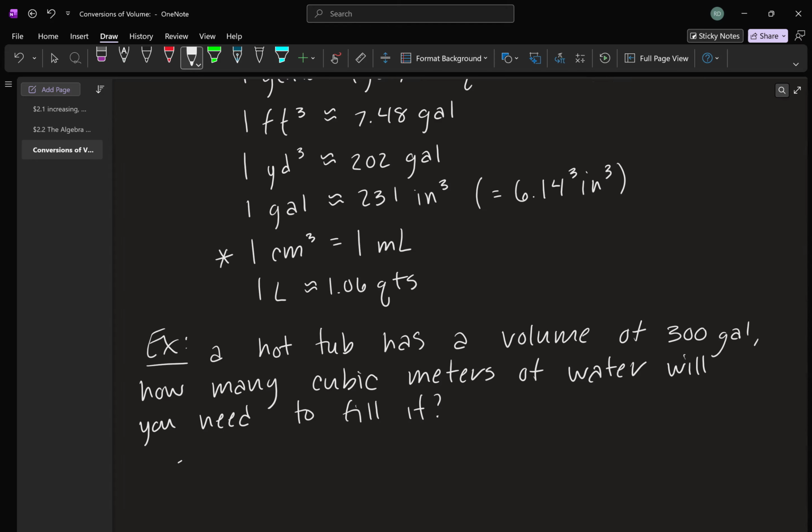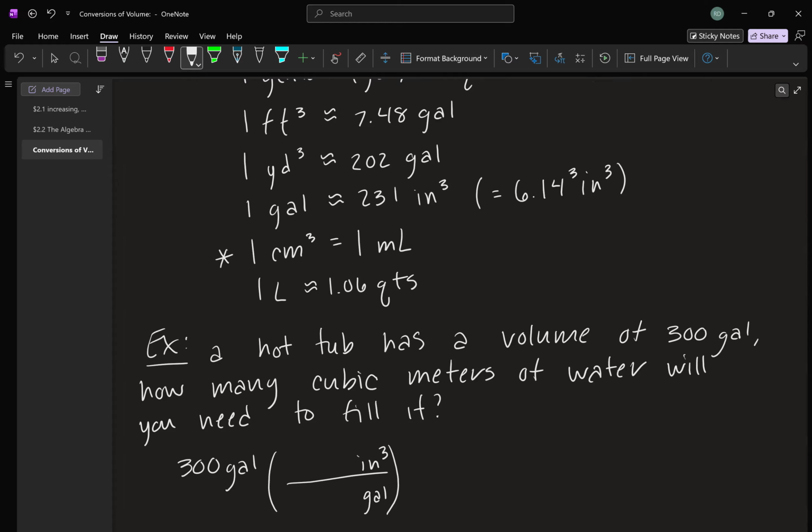So we're going to start with the 300 gallons. Do dimensional analysis to convert it into cubic meters. So we're going to first convert the gallons into cubic inches using this measurement.